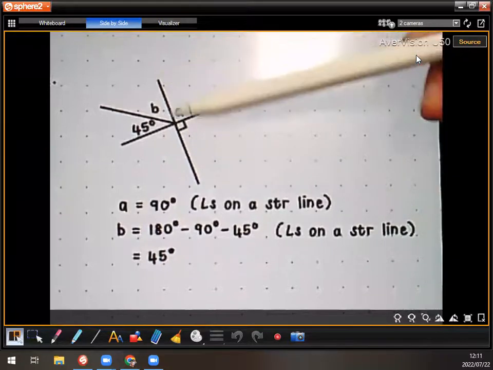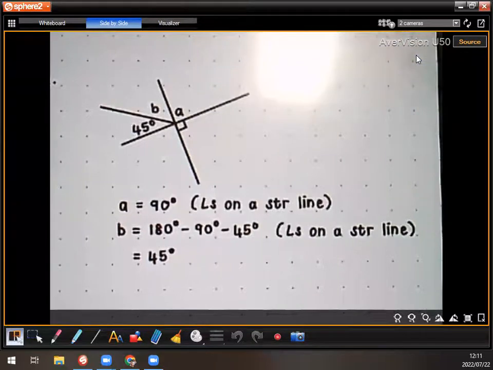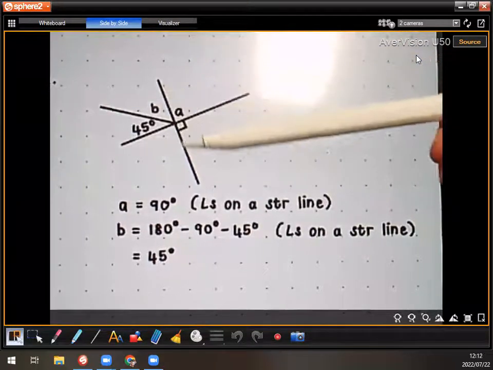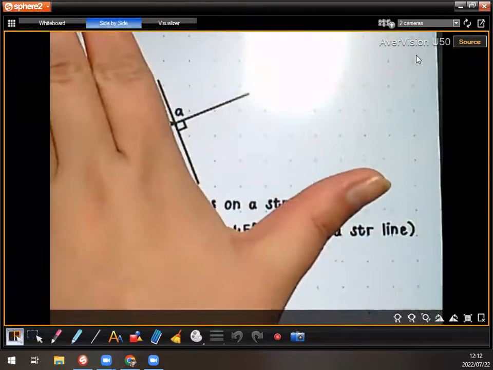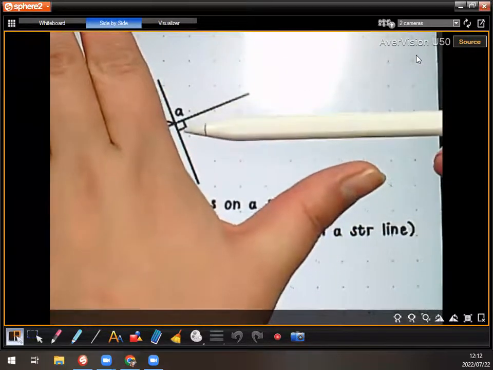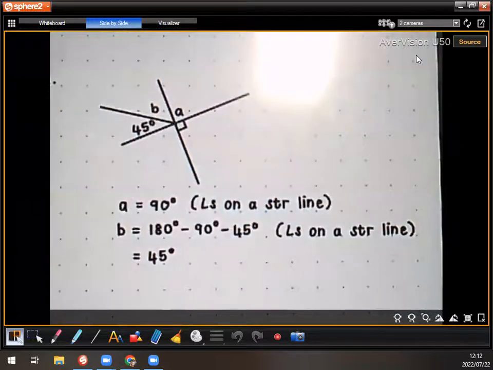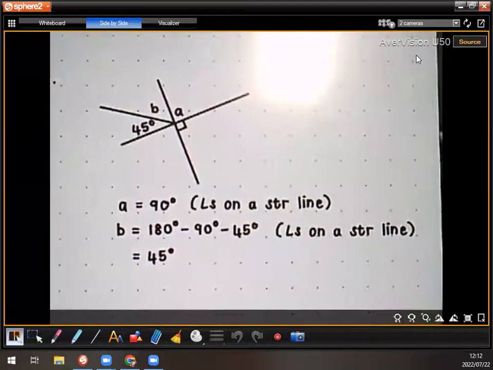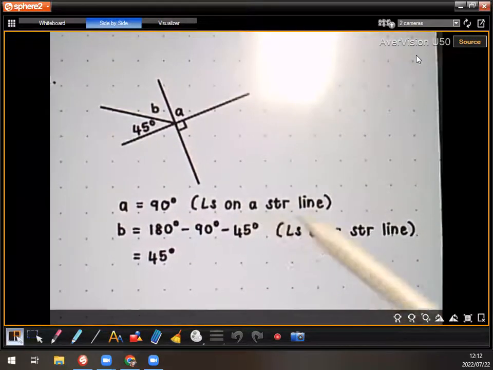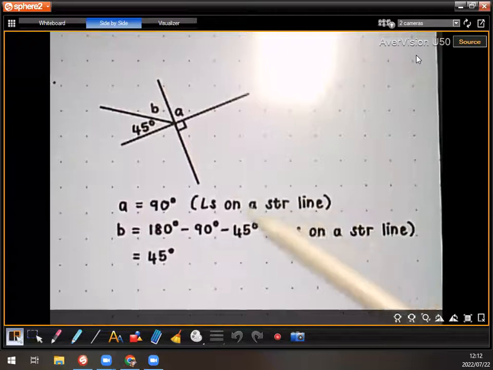So you could have found A just by doing angles on a straight line there, that line, right? That's 180 degrees. So because that's 90 degrees, A is also going to be 90. Okay, 180 minus 90. So that's how I got the value of angle A. Remember your reason, please. If you didn't write it down, add it in now.